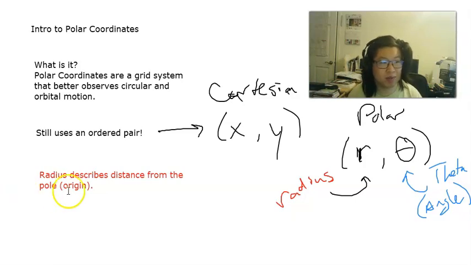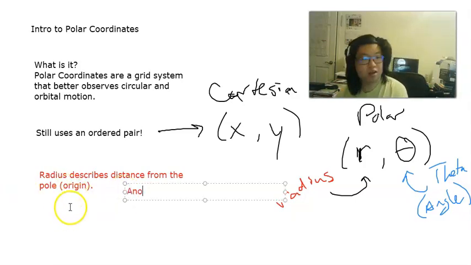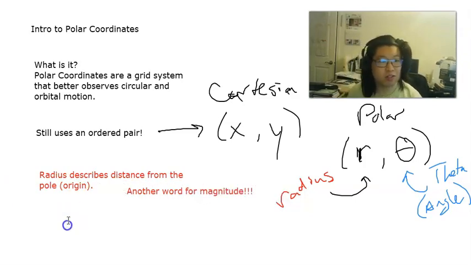You can also think about this as the word magnitude. If you remember that from our vectors section, radius pretty much just tells us the length of our vector, the length away from the origin that our point is in the plane.